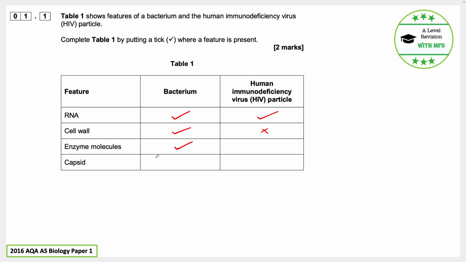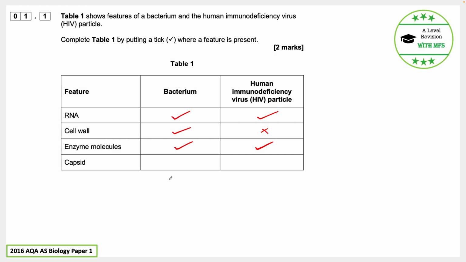And HIV does as well, because HIV contains reverse transcriptase, okay, which allows the DNA to be replicated in the HIV particle, allows the particle to be replicated and spread. Okay, so that is present in both of those.